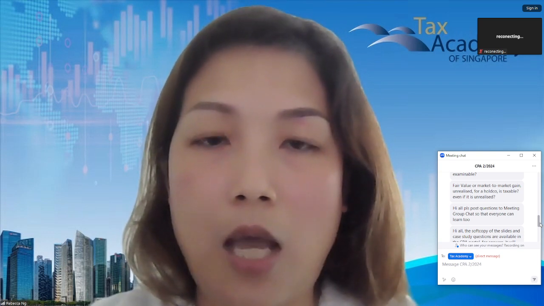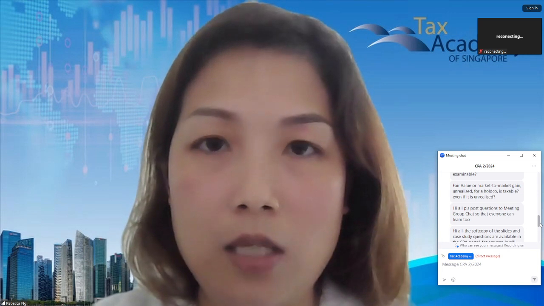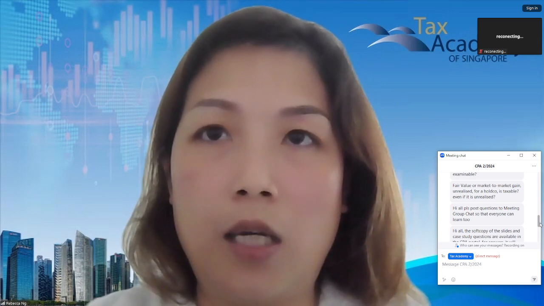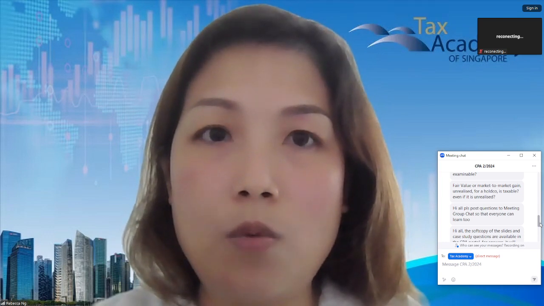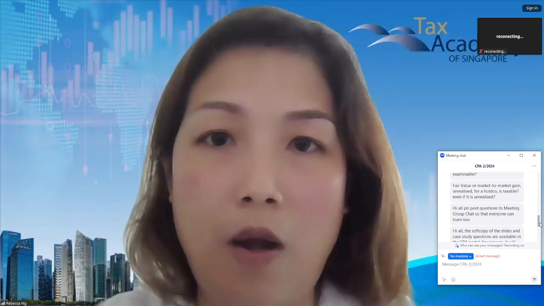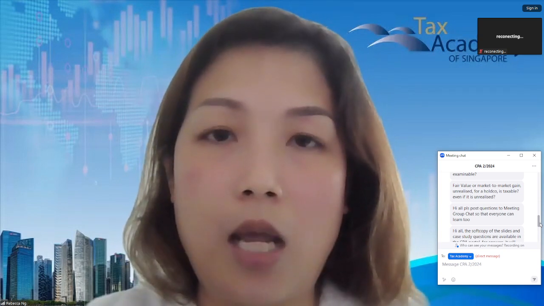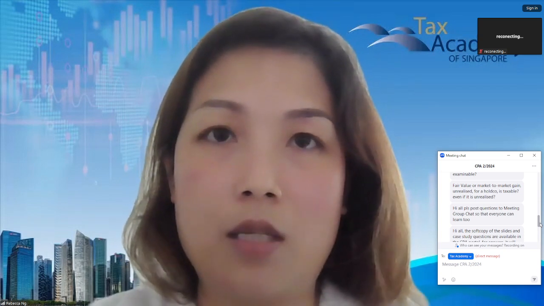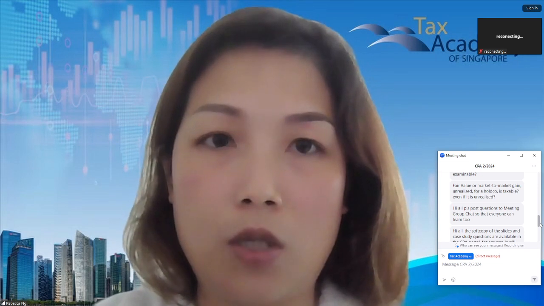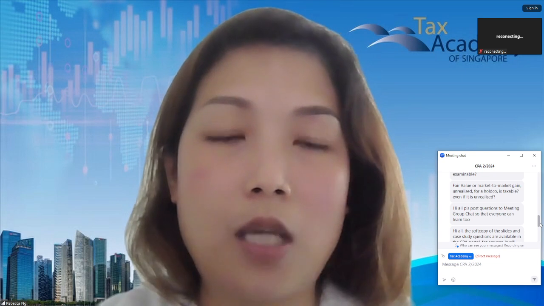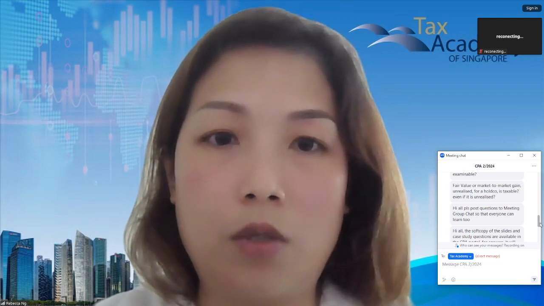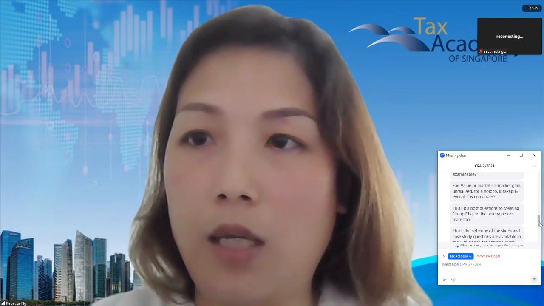It really looks at the context of that receipt with the nature of the company's business to determine whether it is capital or revenue. Then we can conclude whether it is taxable or not. If it is a revenue nature, then it will be taxable. And if it is capital in nature, then it will not be taxable. Okay?